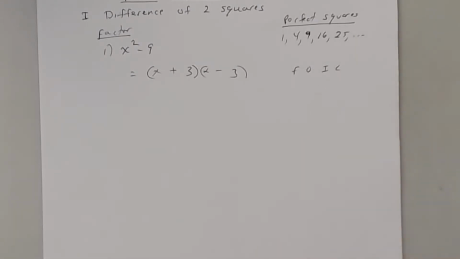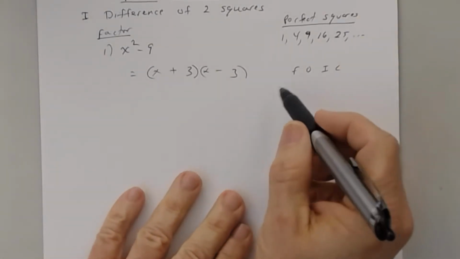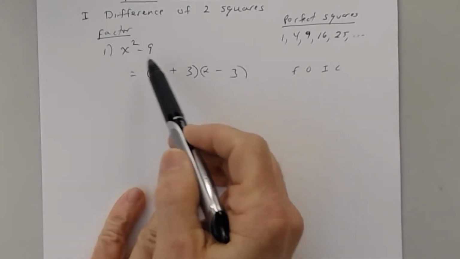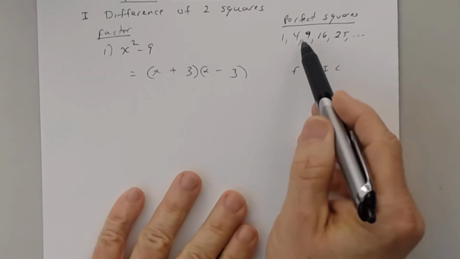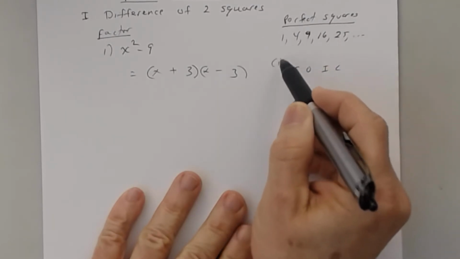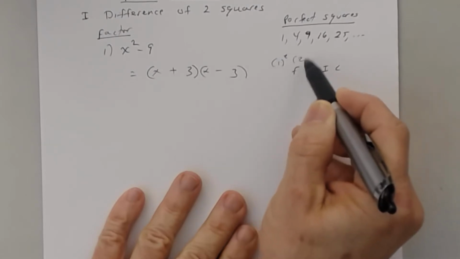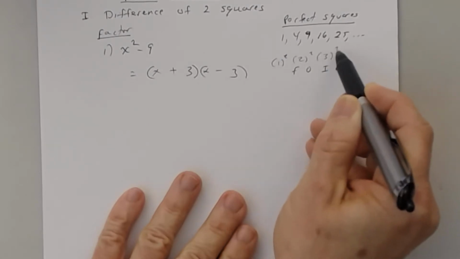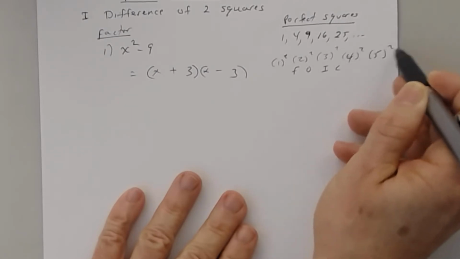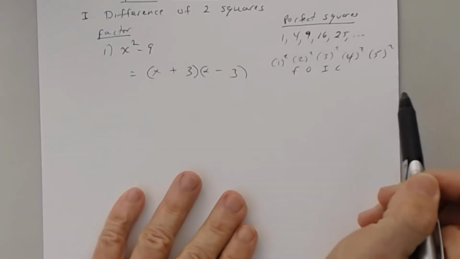And here's the idea about the difference of 2 squares. If you have the difference of 2 squares, you can always rewrite that binomial. Now, remember when we talked about the perfect squares last class period, how I wrote this as 1 squared, 2 squared, 3 squared, 4 squared, and so on? And that gave us these numbers up here.